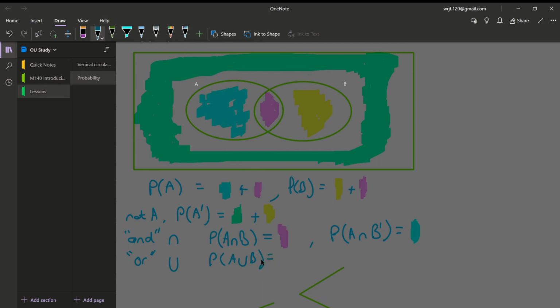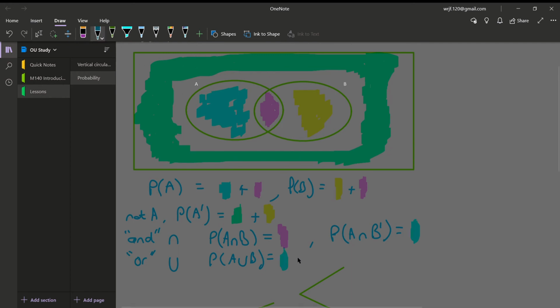And the way we need to understand that or in this context is that it can be either one of those two things or even both of them. As long as one of those two things, A and B, have happened, then that would be included in A union B. So that actually is represented on my diagram by three sections. It's represented by the section that I've highlighted in blue.